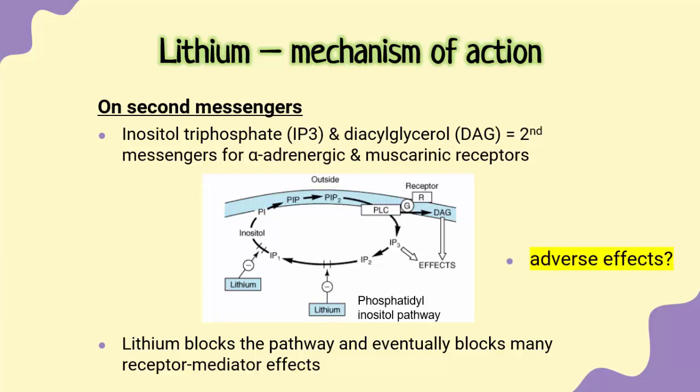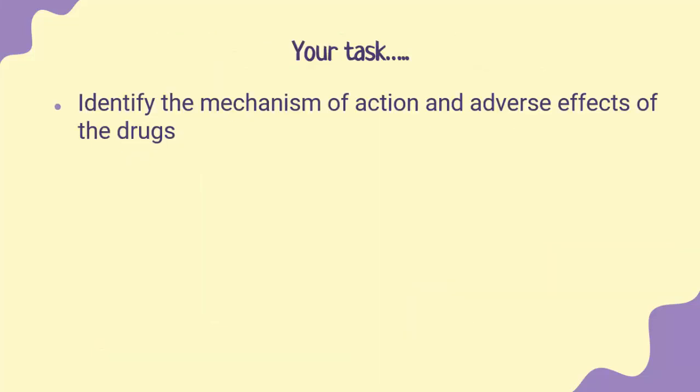And again, you need to find out the possible side effects and adverse effects of lithium. Your task now: I have mentioned all 5 classes of antidepressants. I also have explained mania and the drug used for bipolar disorder.